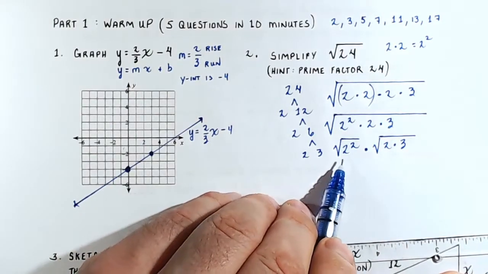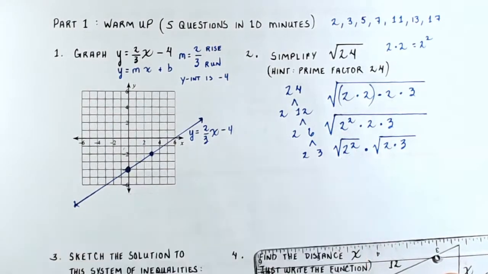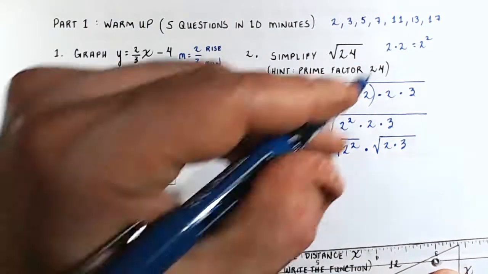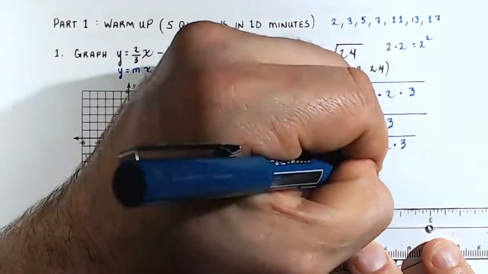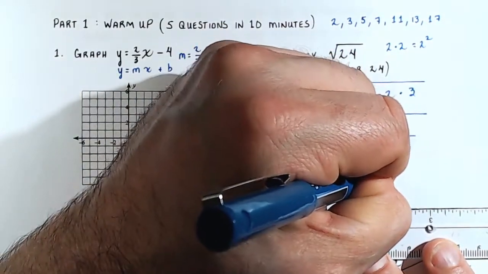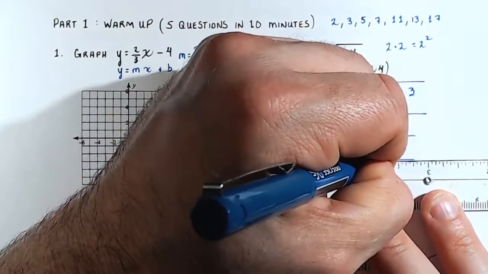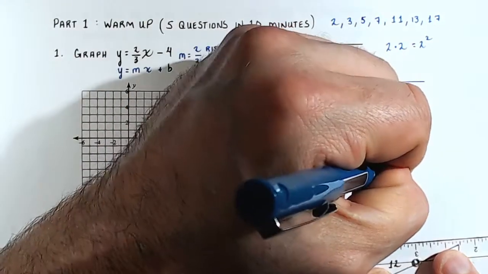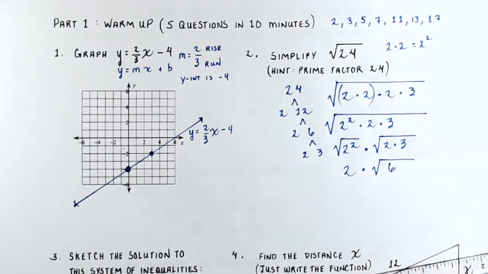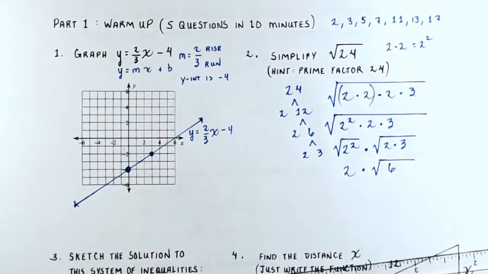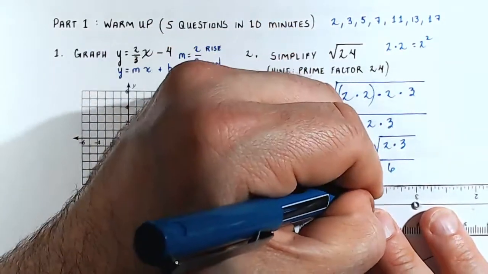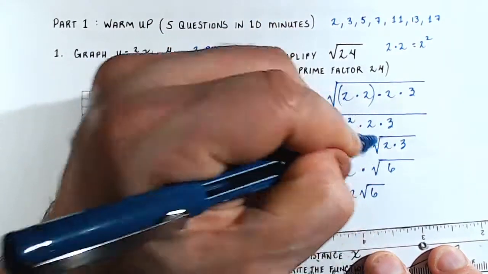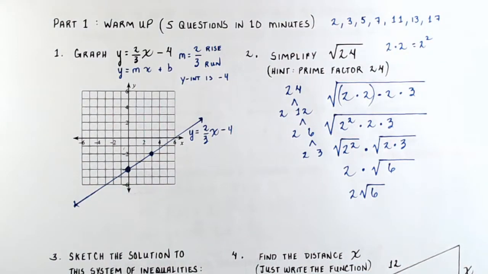Now the square root of 2 squared is just 2. So I'll rewrite this as 2 times the square root of 2 times 3. Well, 2 times 3 is 6, so I'll just write a 6 there. And to finish it off, I don't need to put this little dot. This all simplifies down to 2 square root 6. So that is how you do number 2.